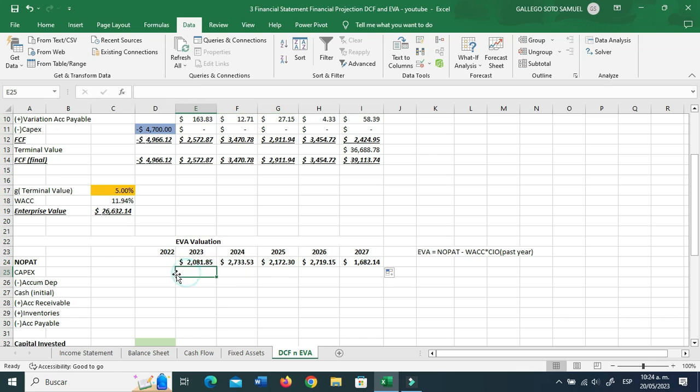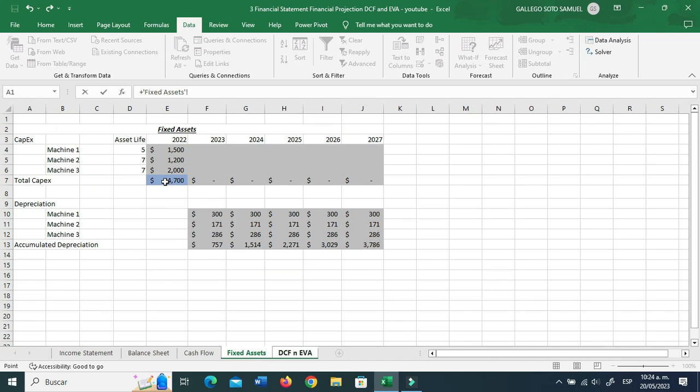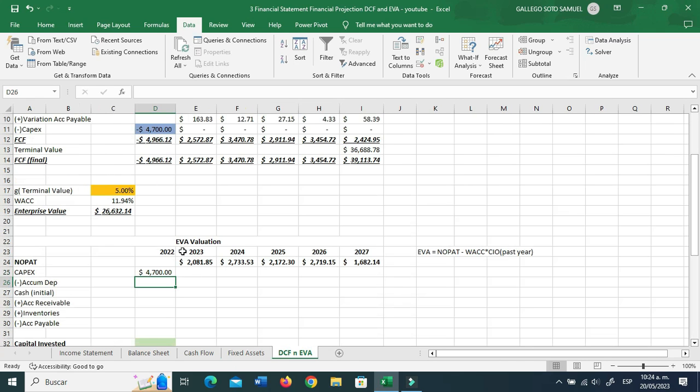Now we start off the economic value added with the same figure, so no need for us to calculate that again.